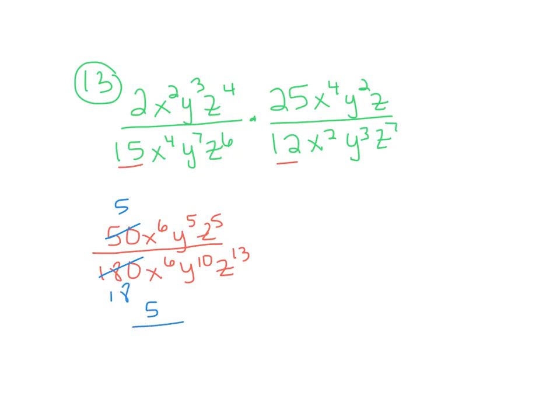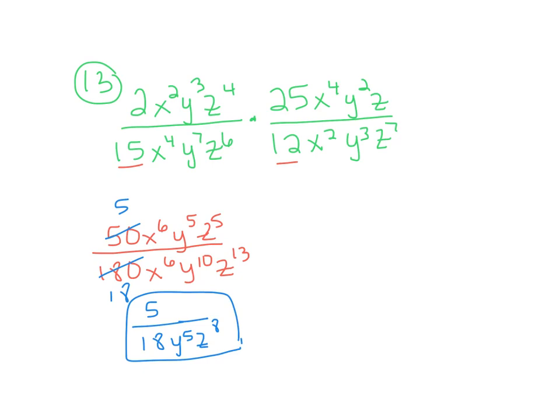So 5 over 18. Now this is the first time that we've had all the x's canceled, so they're gone. Because if I wrote out x to the 6th on top, x to the 6th on the bottom, gone. Y to the 5th on the bottom, z to the 8th on the bottom. Final answer.